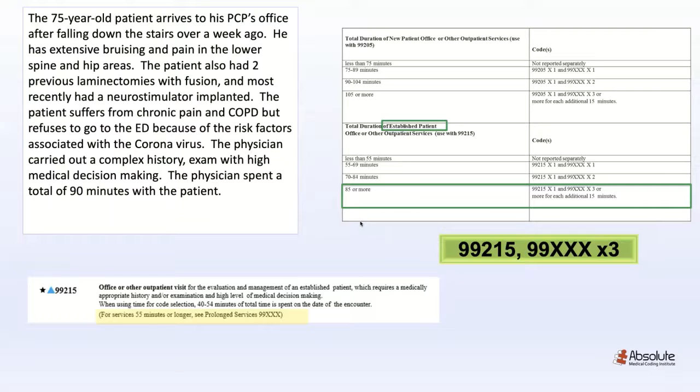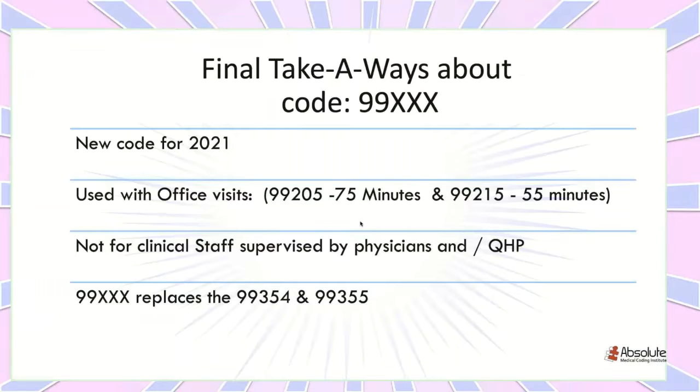And this brings us to our final takeaways about code 99XXX. Here it is. Remember, this is a new code for 2021. This code is used with office visits 99205 and 99215.